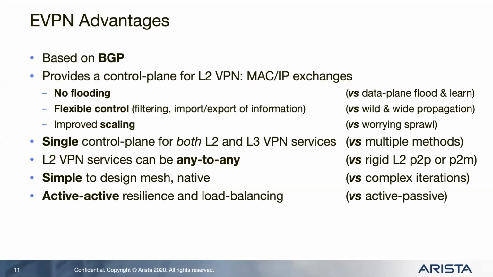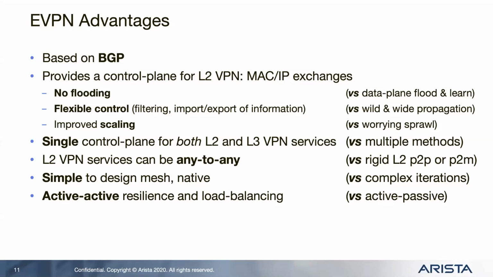Compared to the traditional layer 2 services, it provides advantages such as no flooding. The traditional VPLS, for example, as an ELAN, was based on data plane flood and learn, meaning that there was no control on the distribution of the MAC addresses.